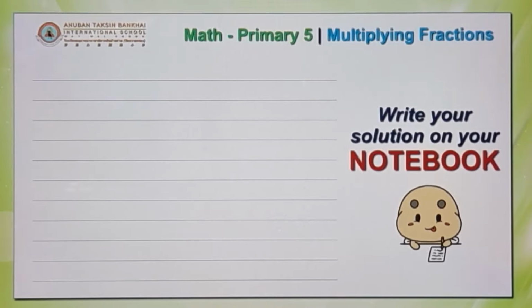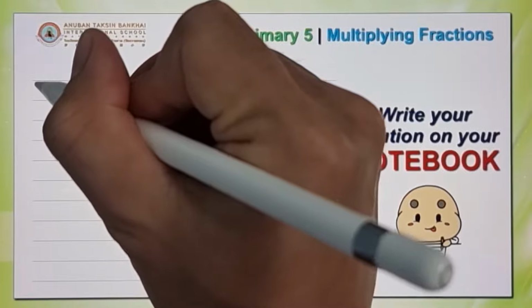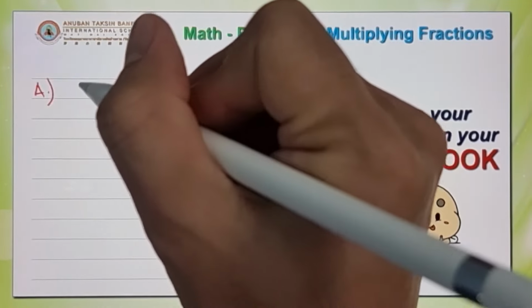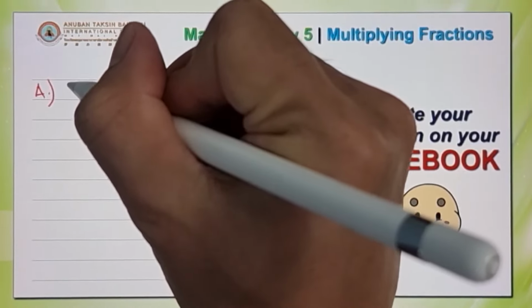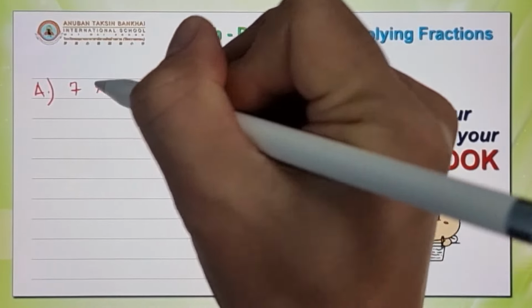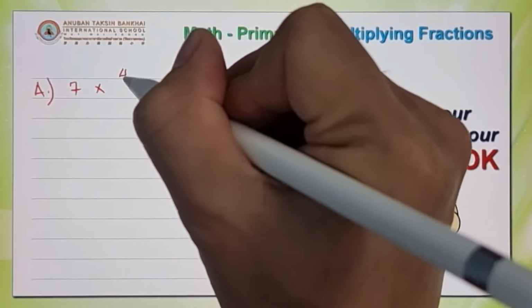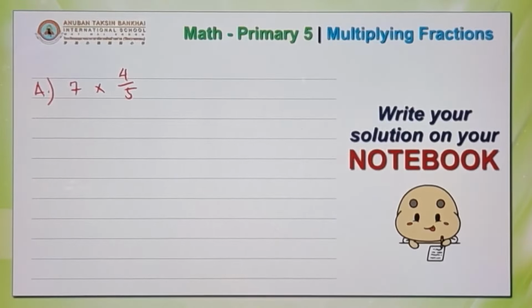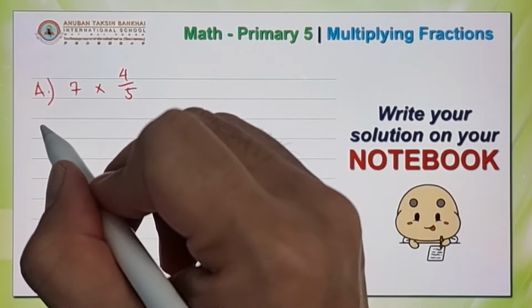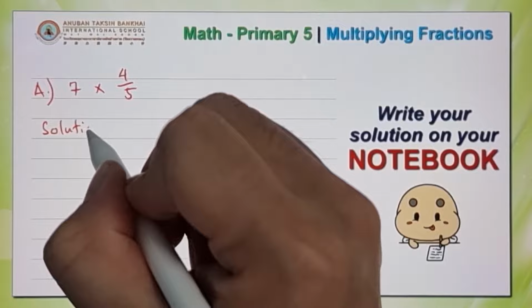Now let's discuss letter A. So again, to have a guide on how to answer activity number 11. So letter A, we have 7 times 4 over 5. Okay, so let's show now our solution.